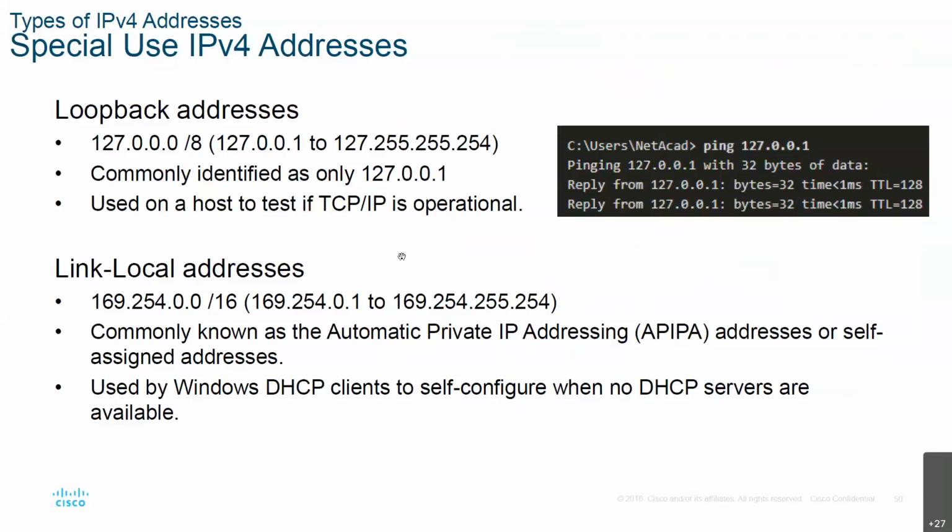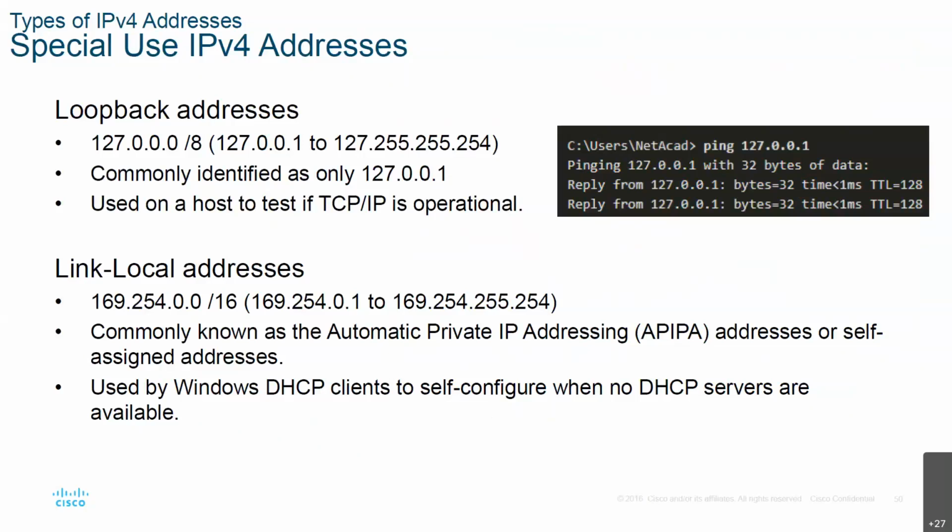We also have a link local address. This is used by Windows DHCP clients to get an IP address when you don't have any DHCP server available. Because you can give an IP address statically or dynamically, as we studied in the lab. So far, we have given the IP address ourselves, not dynamically.